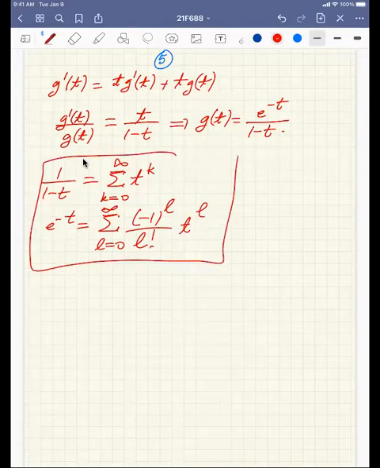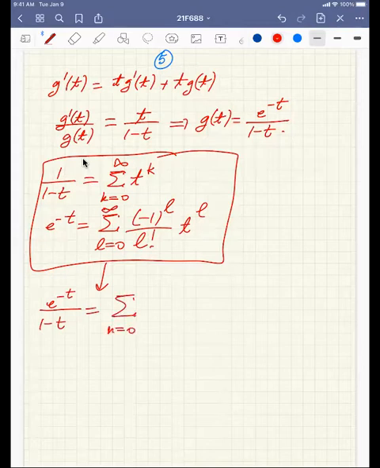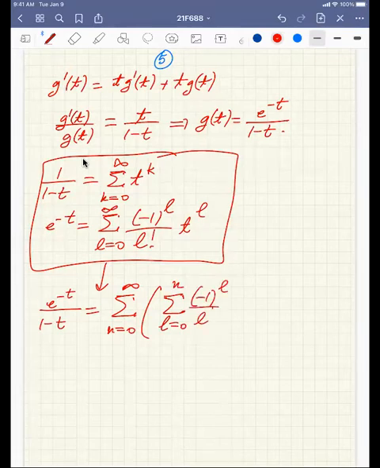And using these two formulas and the rules of multiplication, we are going to get that e to the minus t over 1 minus t is going to be a summation from n equals 0 to infinity. And here should be a sum from L equals 0 to n of minus 1 to the L over L factorial.